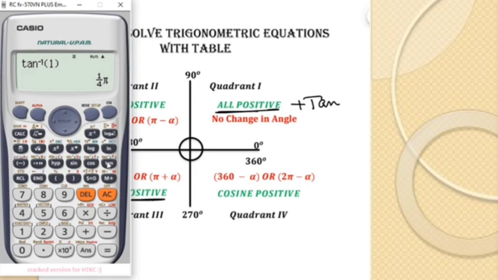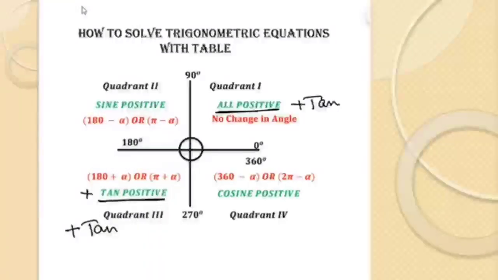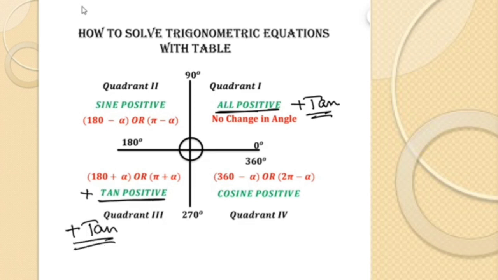So tan is positive in the first and the third quadrant. For the first quadrant there is no change in angle. It means alpha would be equal to x. But in the third quadrant we need to add the basic angle alpha to pi. Now simplify the question.